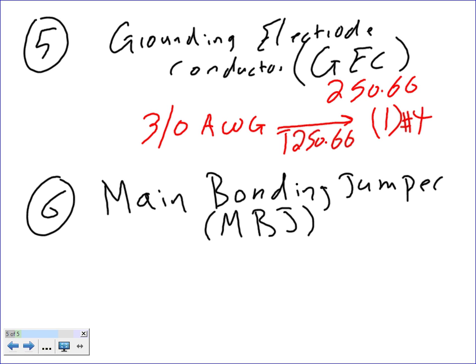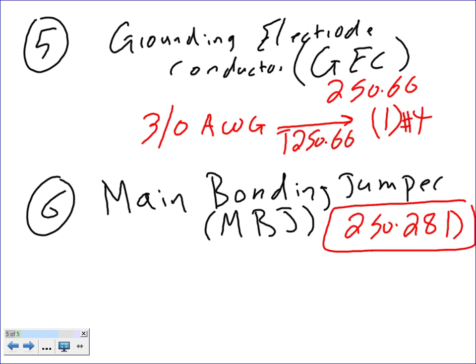The reference is 250.28(D). If you don't believe me, ask my grandma. Oh, by the way, I have really good exercises for you about bonding. It's coming by itself, but this is just part of a system, where it fits in a system.